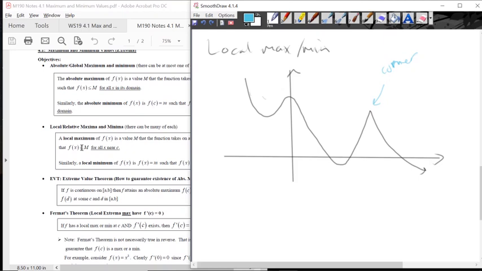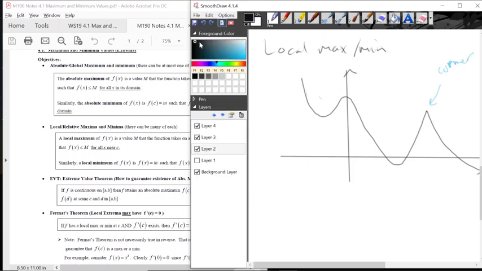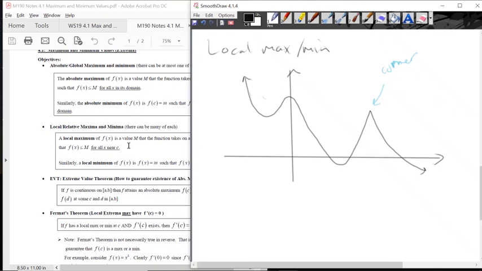Do we have local maxima and local minima on this function? And if so, where are they? In order to define a local maximum, it must be the highest y value within a little neighborhood, that is, an open interval that we could create around the critical number c.